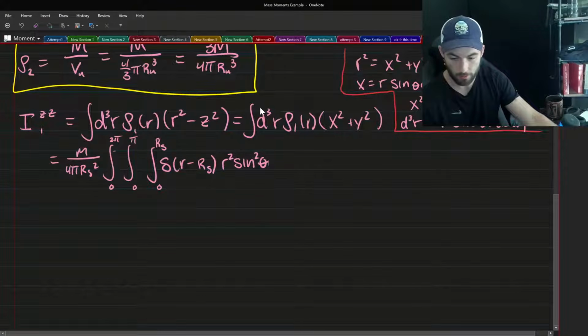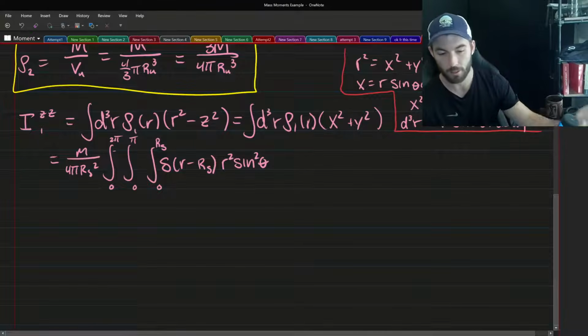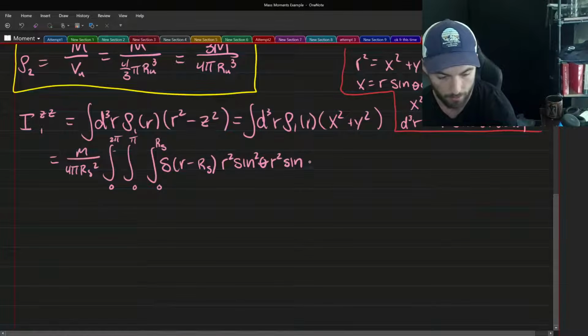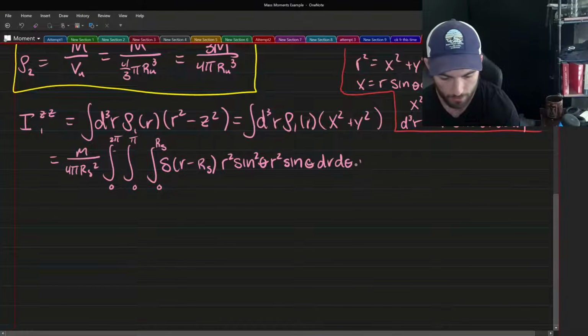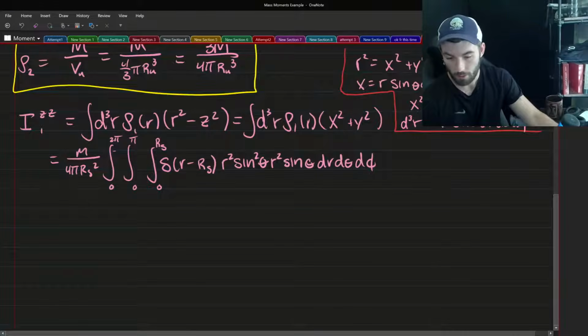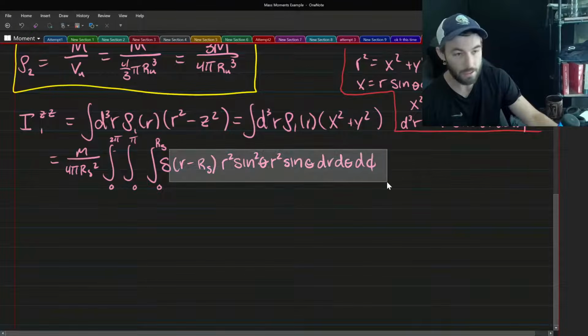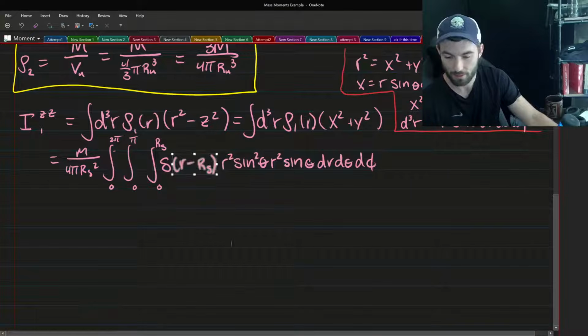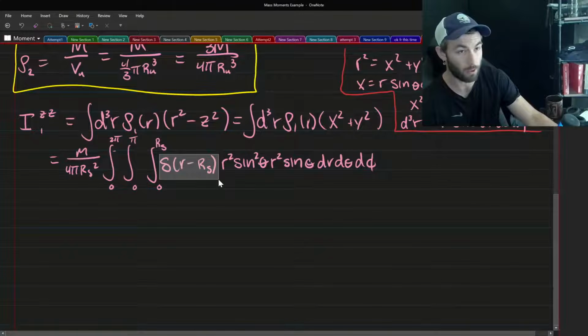And then we also get all those other fun factors from the measure, times another r squared sine theta dr d theta d phi. There's no phi dependence in this integral, so that's easy. There's also a delta function which makes the r integral easy because this just picks out the value of r equal to rs. That's what delta functions do.